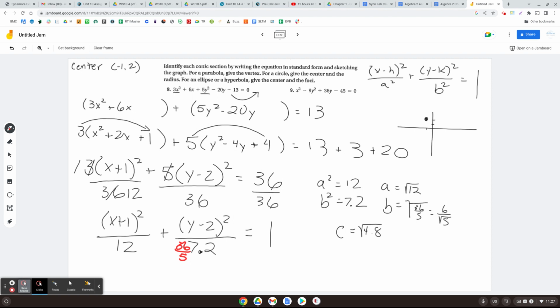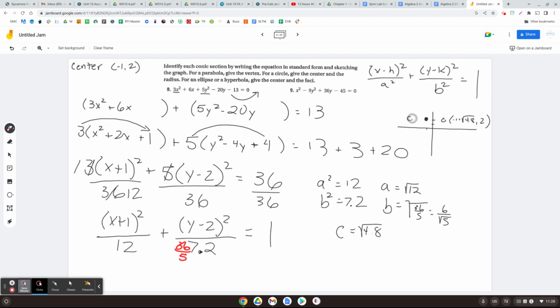So our foci are going to be here. Sorry, it's going to be negative 1 plus radical 4.8, comma 2.